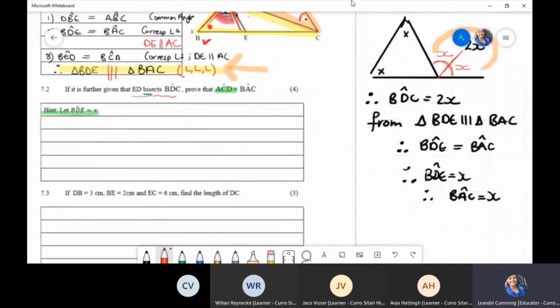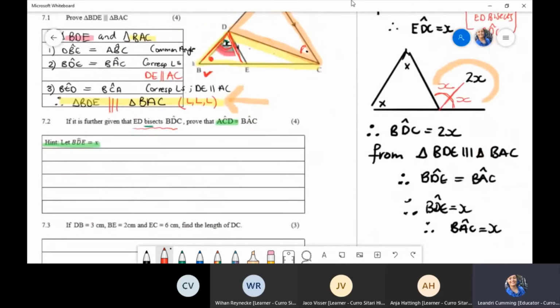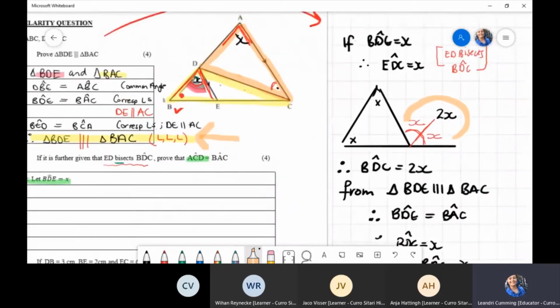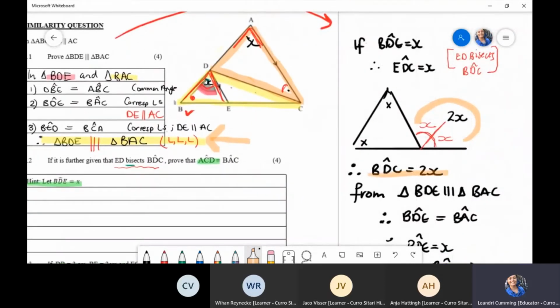So now it means that angle BDC, which I've already said is 2x, is equal to the exterior angle of the triangle ACD, and therefore angle ACD is equal to x.